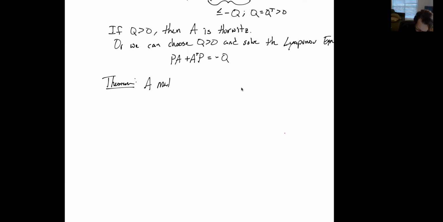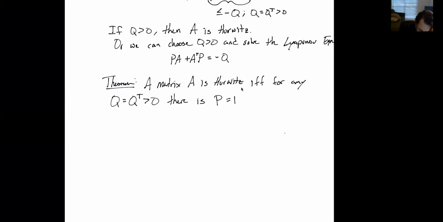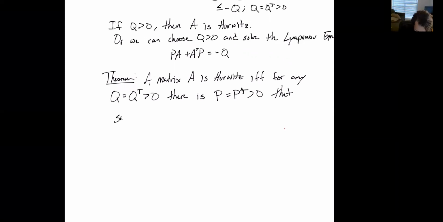A matrix A is Hurwitz if and only if for any Q equal to Q transpose greater than 0, so positive definite, there exists a P, symmetric positive definite, that satisfies the Lyapunov equation, PA plus A transpose P is equal to negative Q.